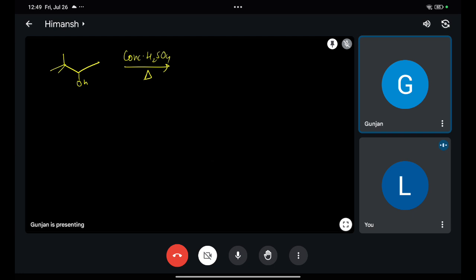We can say that this OH negative will be removed and H plus will be formed, meaning a carbocation will be formed. And then rearrangement.